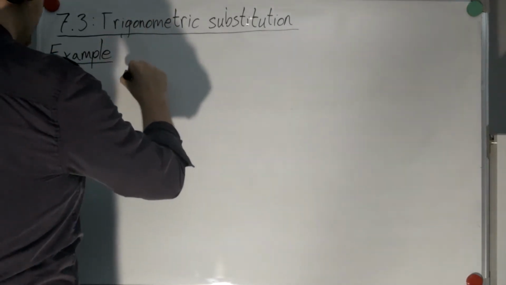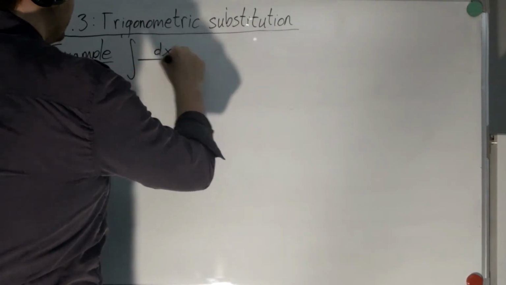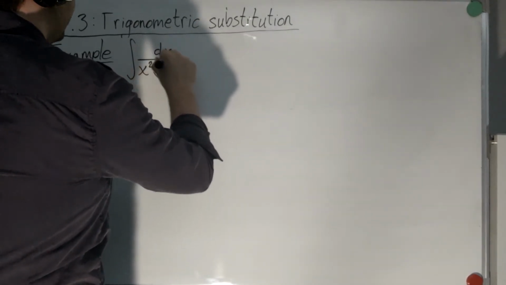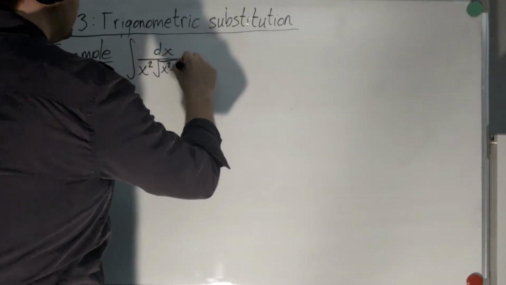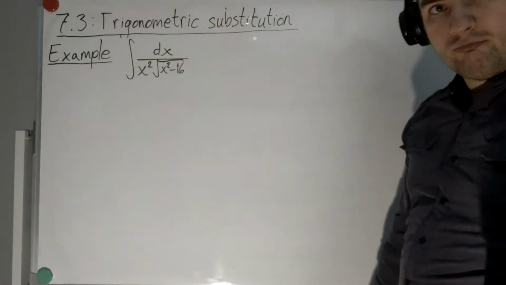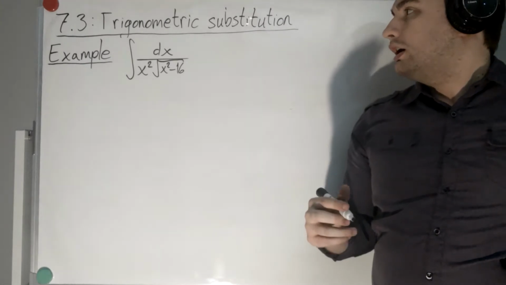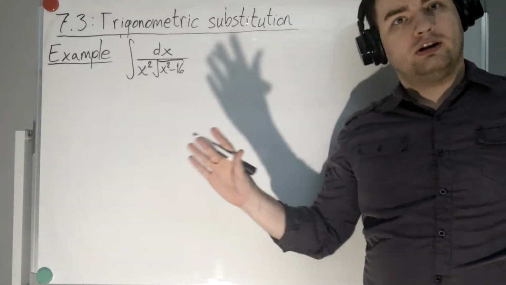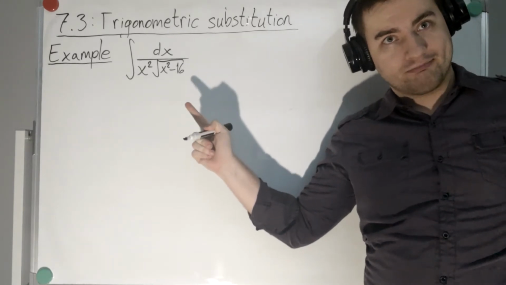We have the integral of dx over x squared times the square root of x squared minus 16. Now then, first of all, let's notice that u substitution is not going to help us here.